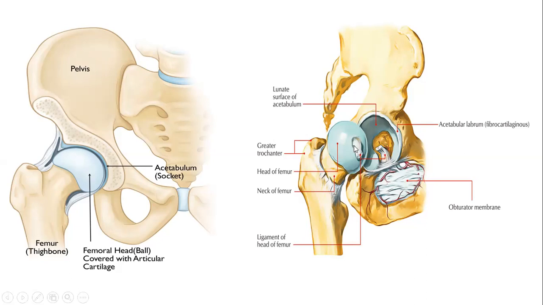And this center is marked by the presence of a small depression called fovea or pit, to which is attached the ligamentum teres or the ligament of the head of femur. This part of the femur is also non-articular in nature.